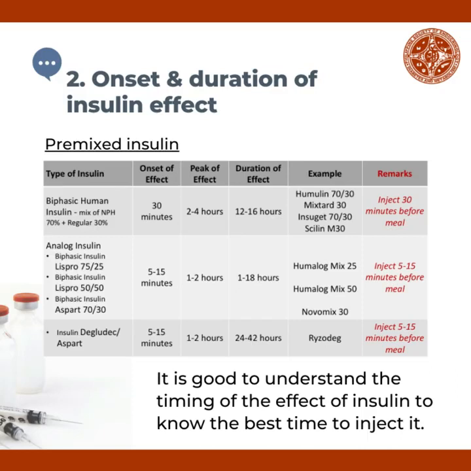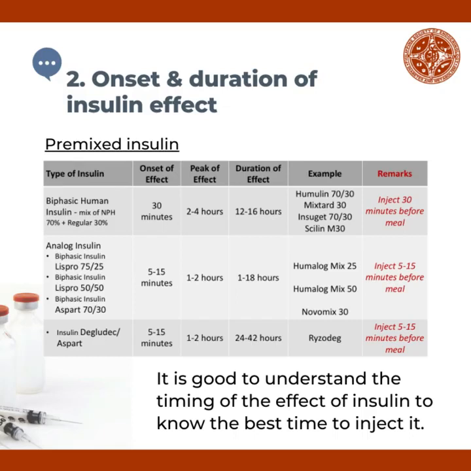The onset of action is at 30 minutes, peak effect at 2 to 4 hours, duration of effect at 12 to 16 hours. Examples are Humulin 70-30, Mixtard 30, Insuget 70-30, and Silene M30. These are injected 30 minutes before meals.